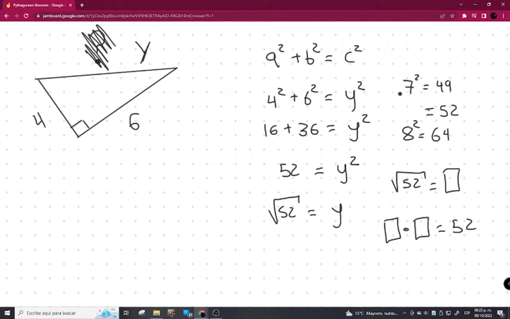Because it should be in between 7 and 8, so it will be 7 point something, okay? 7 followed by decimals that we don't know. For these cases, we always use a calculator. Let me show you. Sorry, where's the calculator?